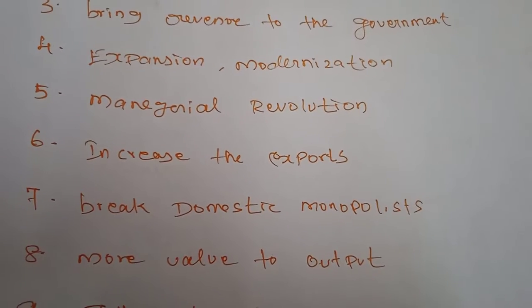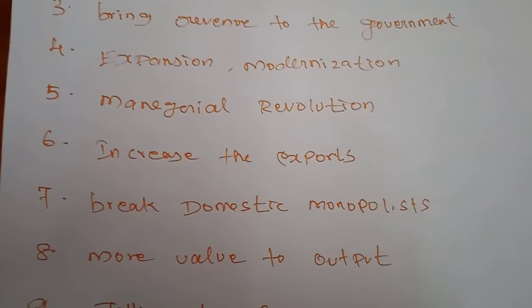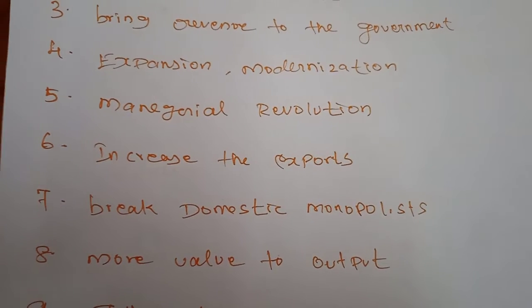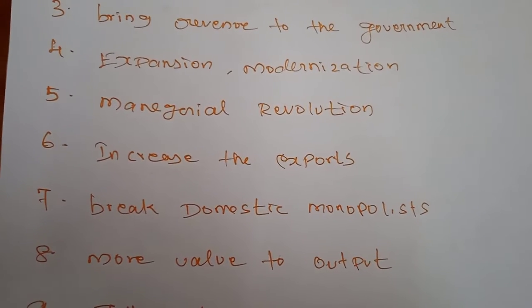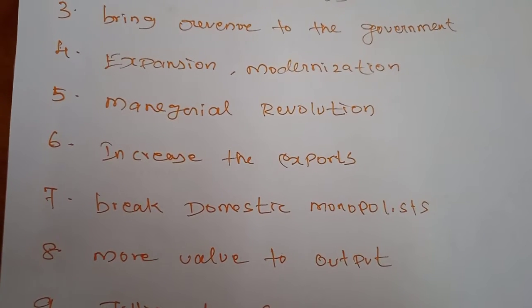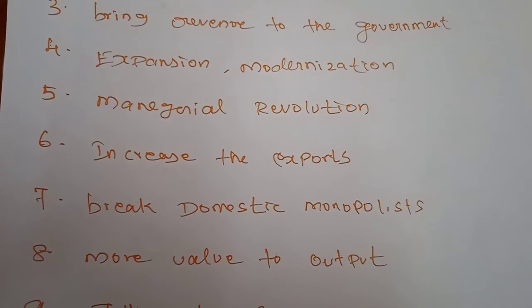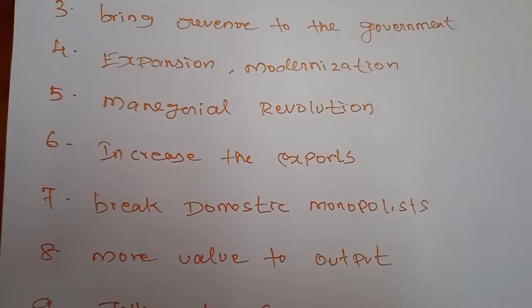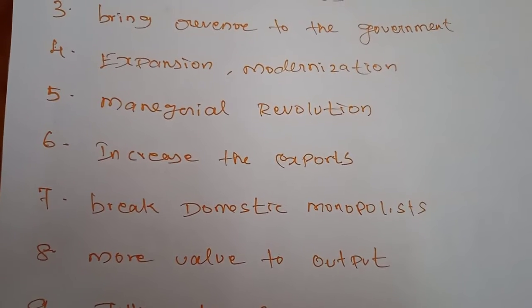Next, increasing the exports. How can we increase exports from foreign direct investment? Foreign capital may enable the country to increase its exports and reduce import requirements, and thereby ease the balance of payments disequilibrium.